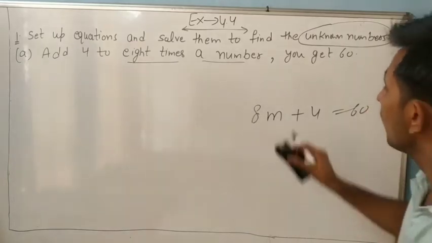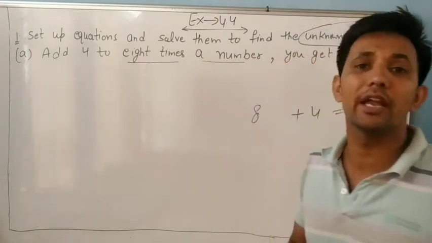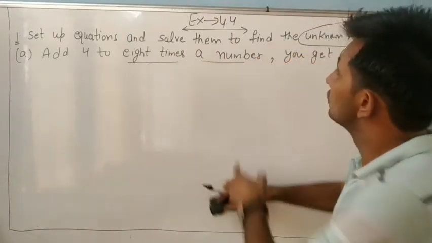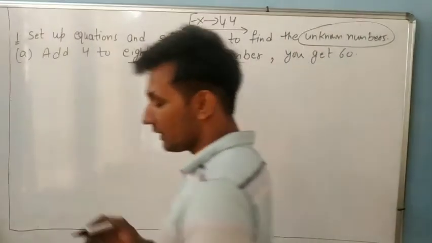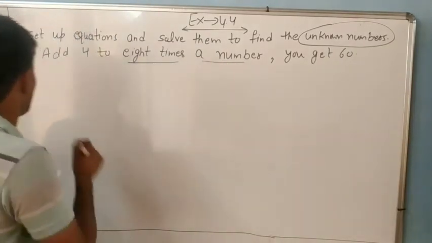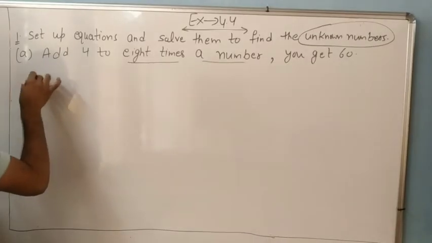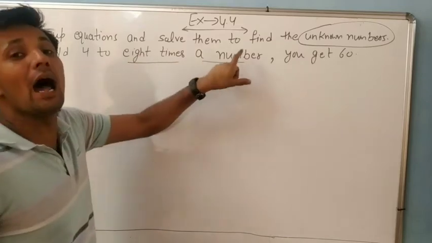But we don't know whose 8 times we have to take. 8 times whose? A number we don't know. And whenever in any question we don't know a number, what will we write in the solution?